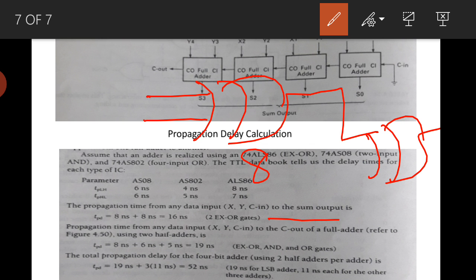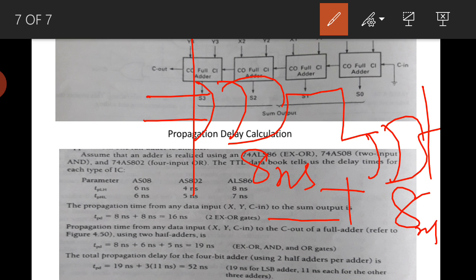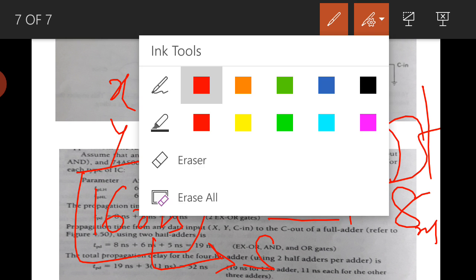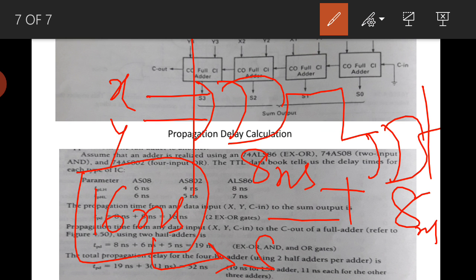One XOR gate takes 8 nanoseconds, one more takes 8 nanoseconds, so together it takes 16 nanoseconds. If I give the input XY now, after 16 nanoseconds I will get the output at sum.